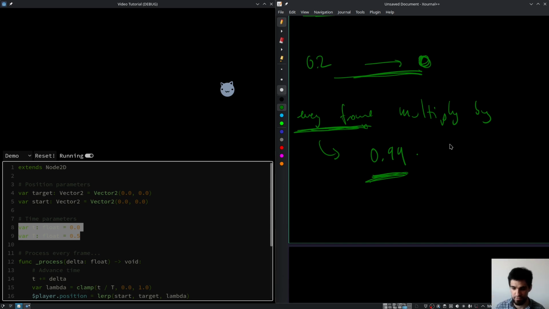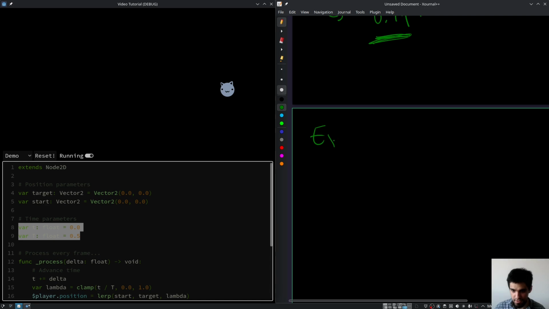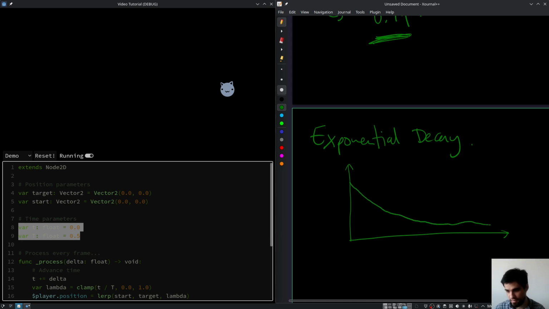And this is when we learn about exponential decay. So exponential decay is something that happens in physics and in mathematics. For example, with radiation. So if you have something that is radioactive, its radioactivity will decrease over time, but this is not linear, it's an exponential decay, which will look like the exponential function.